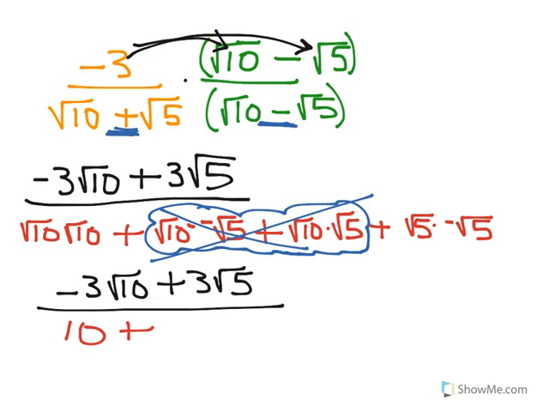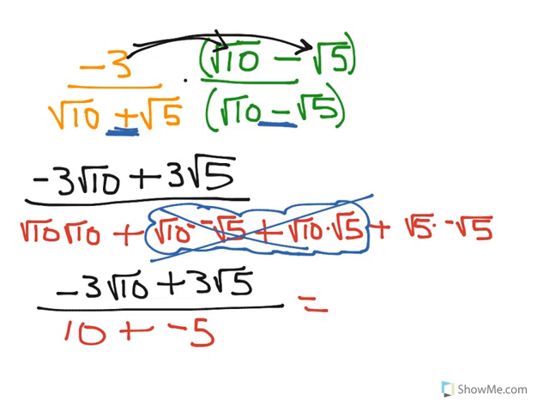So those middle terms drop out, leaving us without any radical signs. Our last product here, radical 5 times a negative radical 5, is a negative square root of 25. Square root of 25 is 5, so that's minus 5.